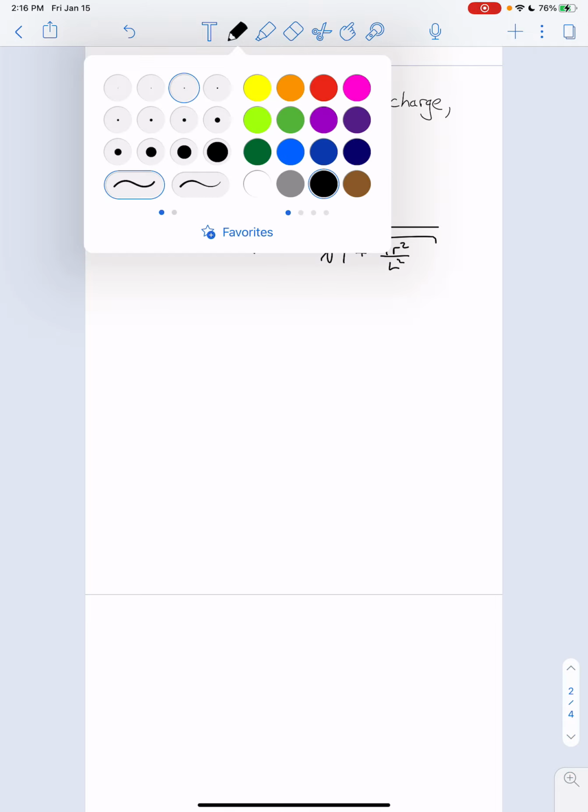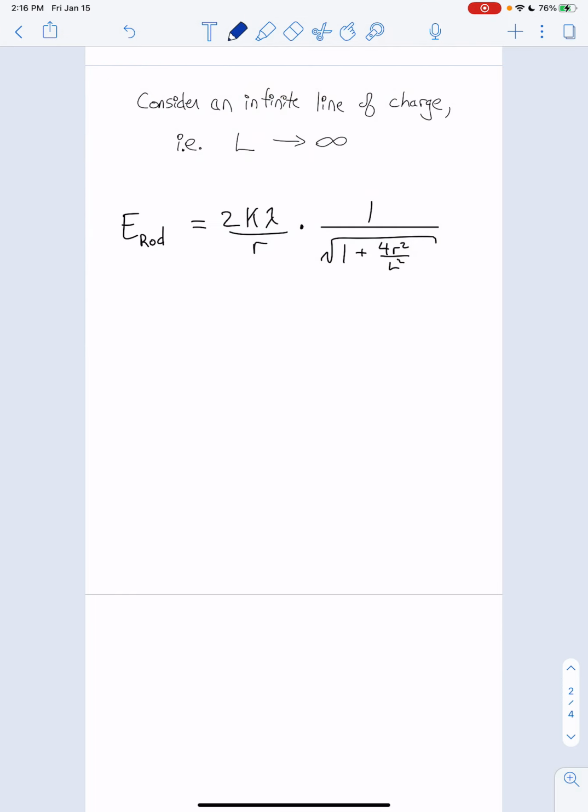Well, if L is infinity, then the term 4r squared over L squared is going to go to 0. And if that's 0, then the square root of 1 is 1, and 1 over 1, so this whole thing becomes 1.